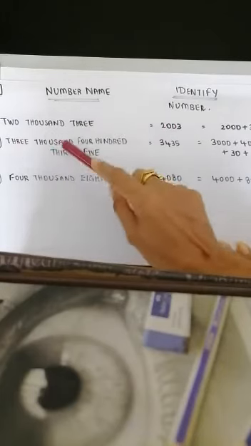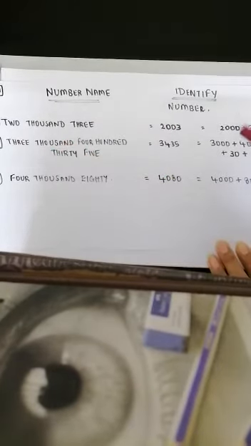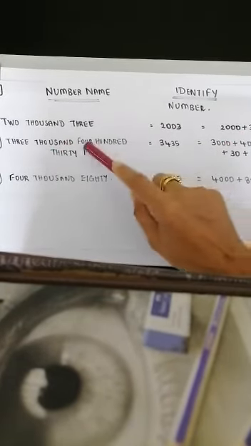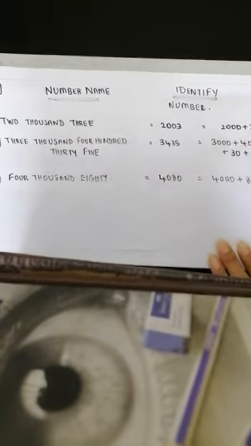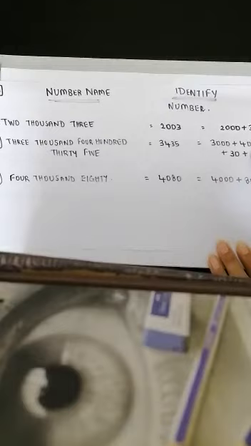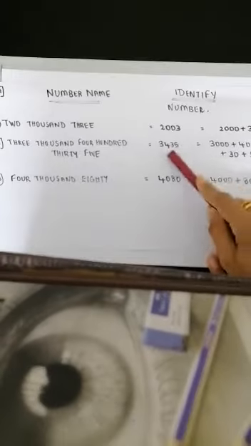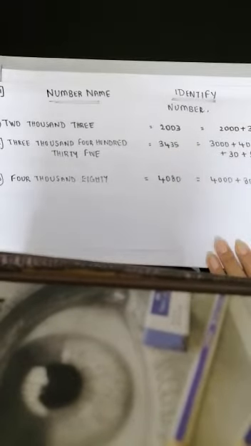Similarly, 3000, just mention 3000 plus 400 plus 30 plus 5. 3435 is the number.